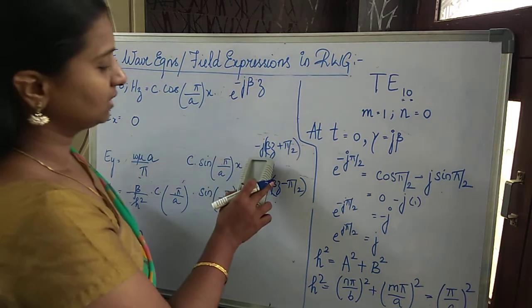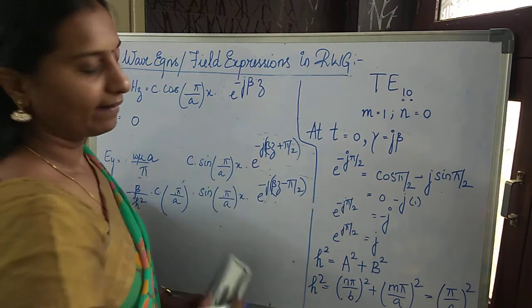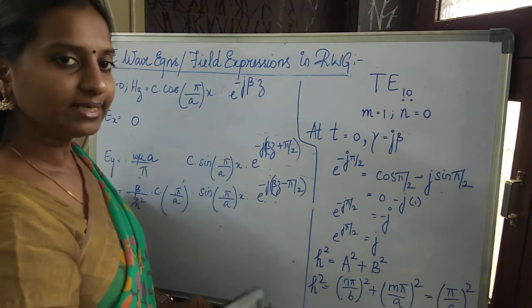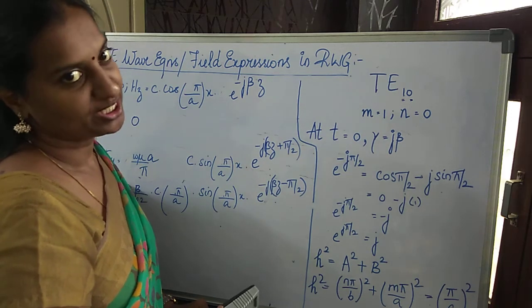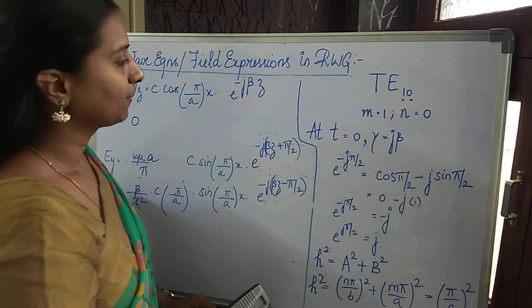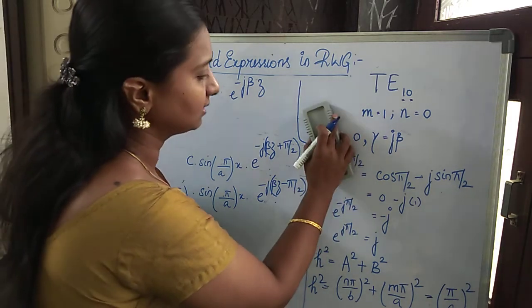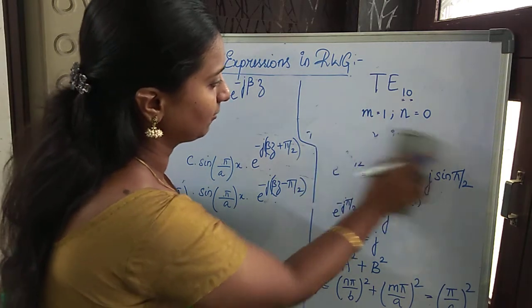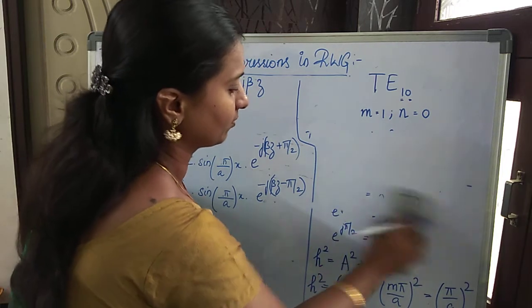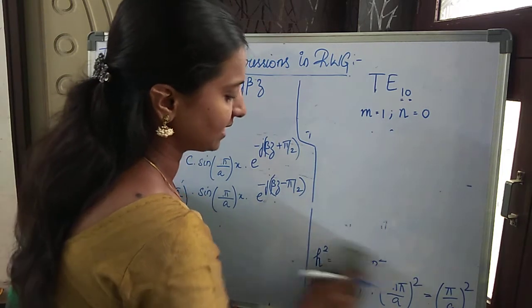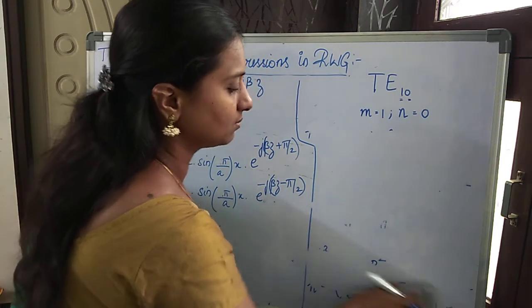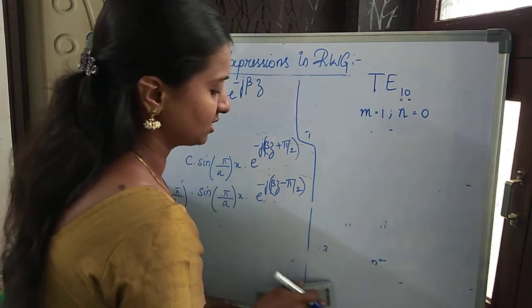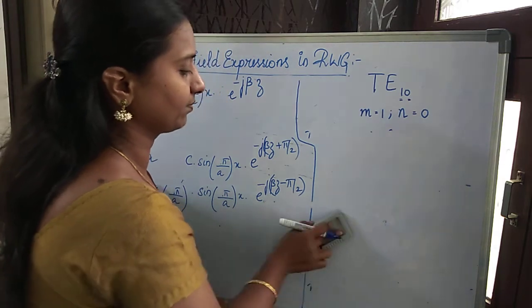So I know this term is going to have a real term and an imaginary term. Real term in terms of cos and imaginary term in terms of sine. So if I'm considering that, I'll remove all these things. So these are the assumptions we have to reduce the equations. The initial condition is the assumption.